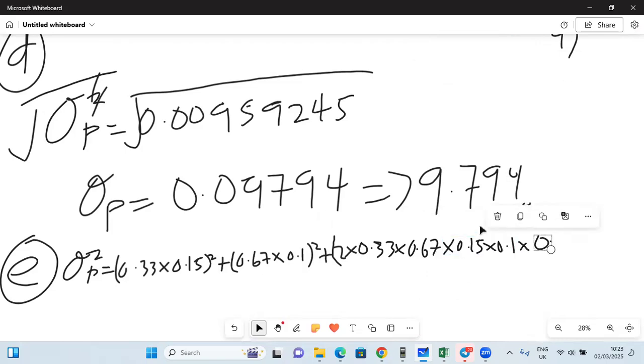So now here they are saying that the correlation is -1.